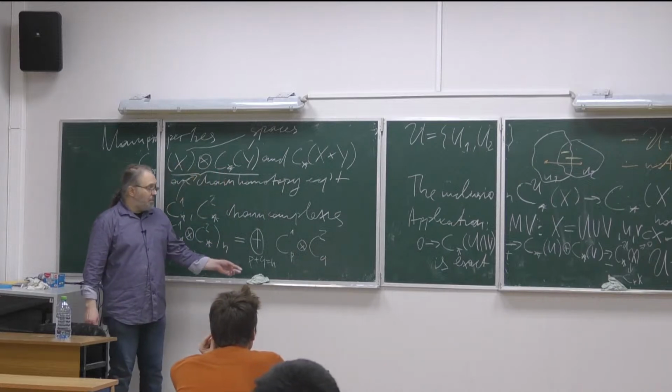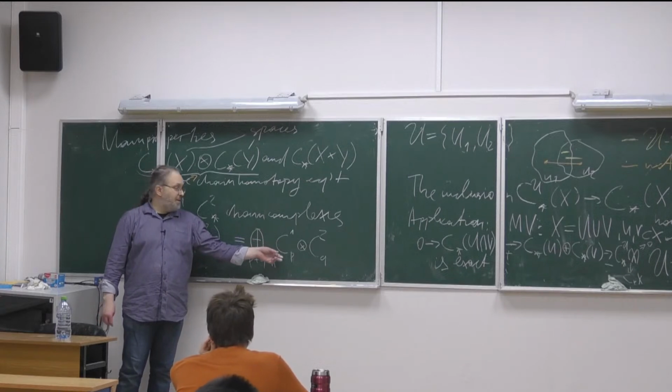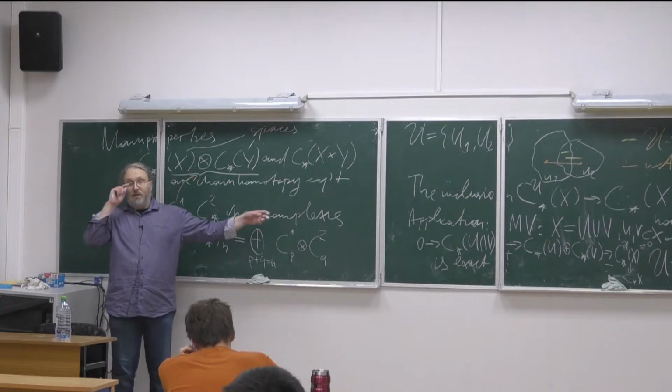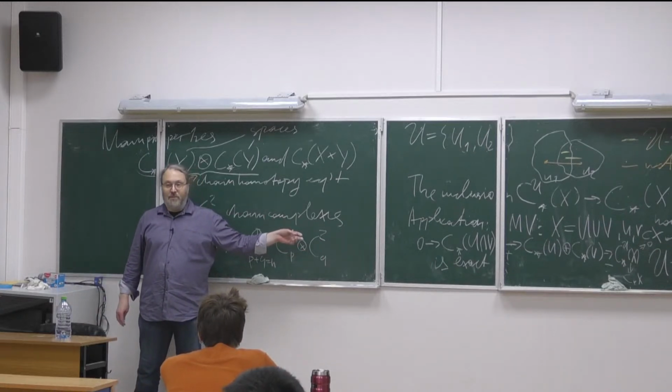Well, the nth component will simply be the direct sum for p plus q equal n, C1p tensor C2q, where by tensor we mean the tensor product of abelian groups.